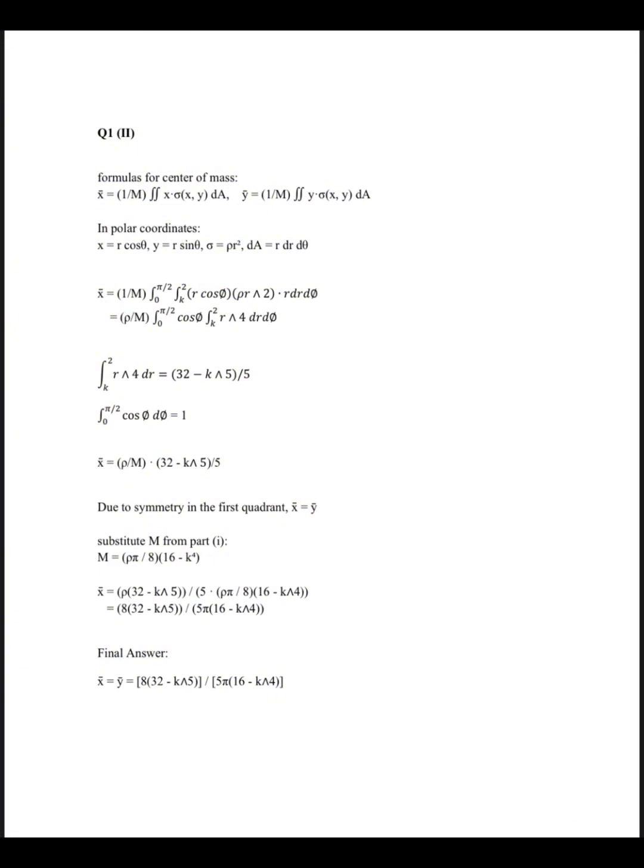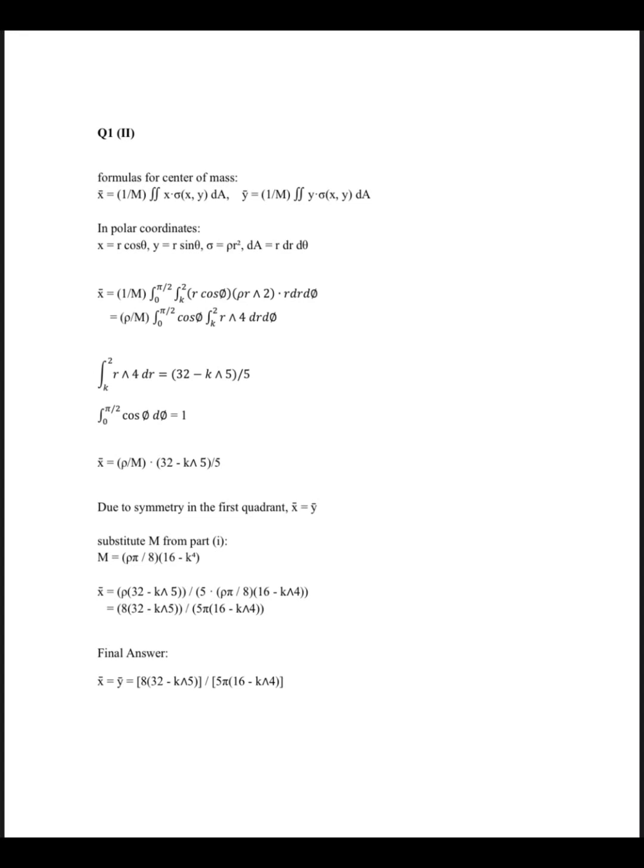Then the area element dA in polar form is r dr d theta. So the integral for x becomes x equals 1 over m, integral of r cos theta times rho r squared times r dr d theta.